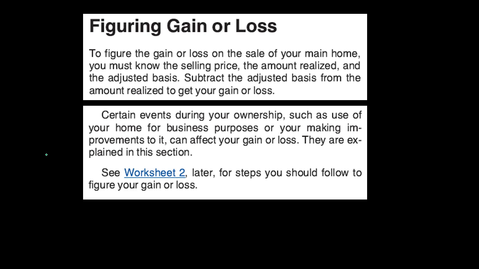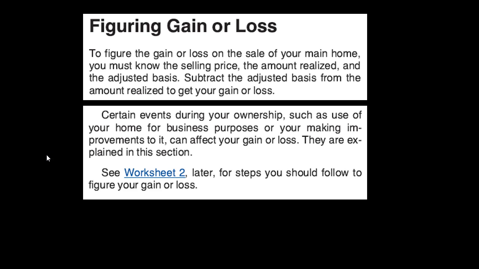Certain events during your ownership, such as use of your home for business purposes or for making improvements to it, can affect your gain or loss. They are explained in this section. So if we have any kind of adjustments, especially if we depreciated or got some benefit from depreciation of the home in some way, for example, if we used it in our business or as rental property, then we may have to adjust.